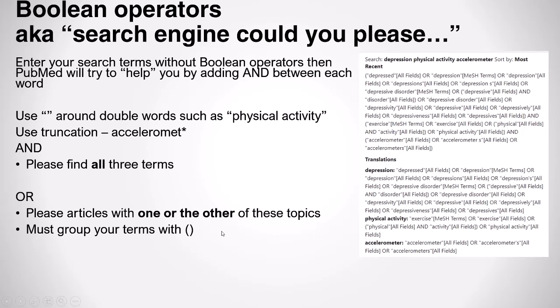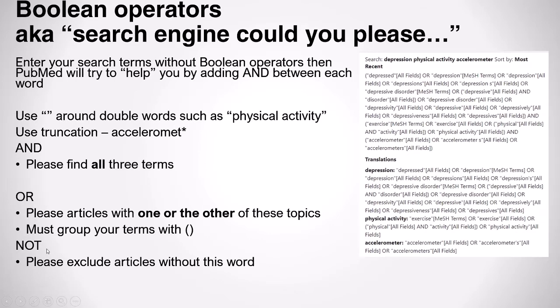And remember to use clever use of parentheses, just in the same way that you use parentheses when you are typing out an equation in Excel or in a scientific calculator, if you've ever used one of those. And a third is NOT, to exclude articles.